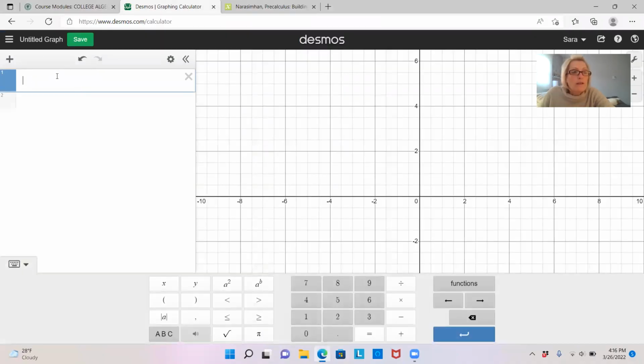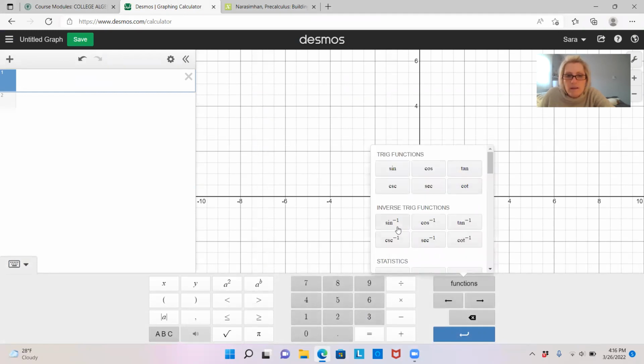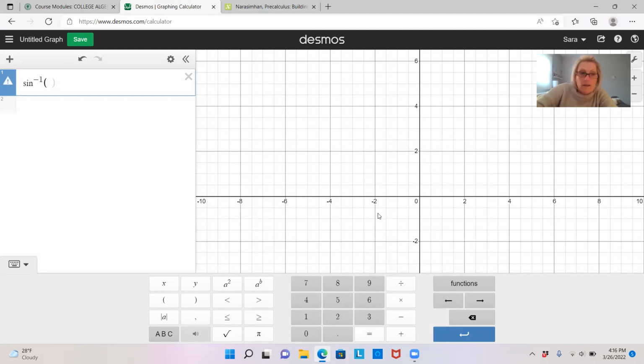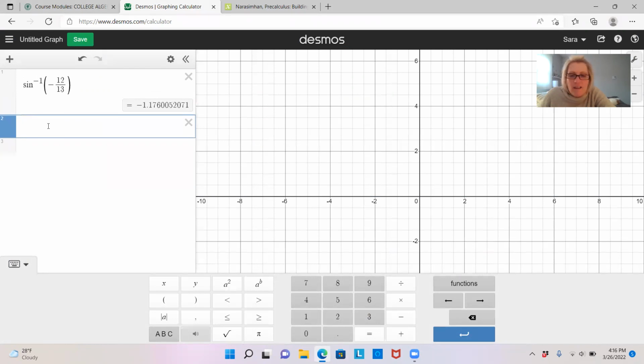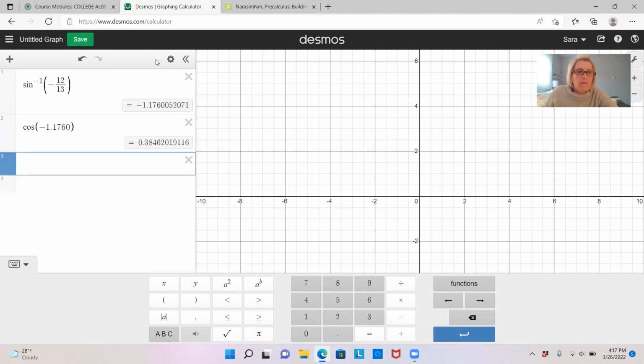Okay, so if we did the inverse sine of a negative 12/13, and then we do cosine of that negative 1.176, we get this answer, 0.38.